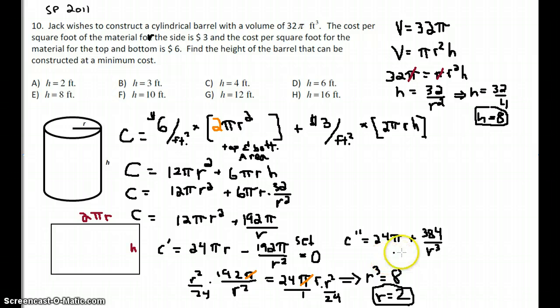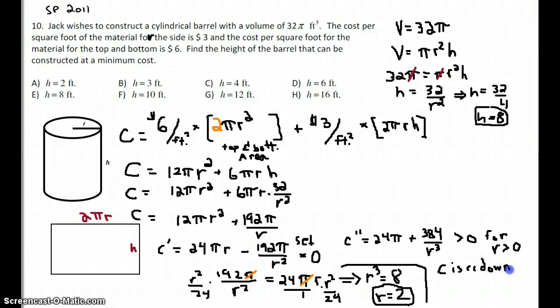So this is your second derivative. No matter what, it's positive for r's that are positive. And so, second derivative always positive means the function is always concave up. So this local minimum that we have found turns out to be the absolute minimum.